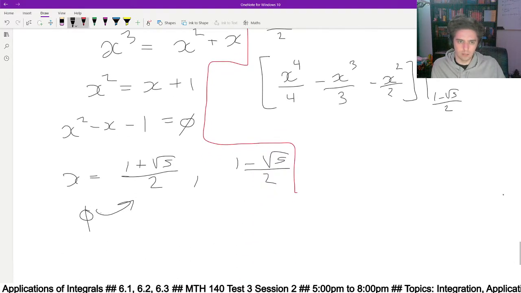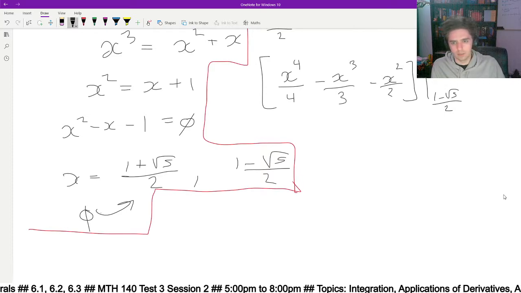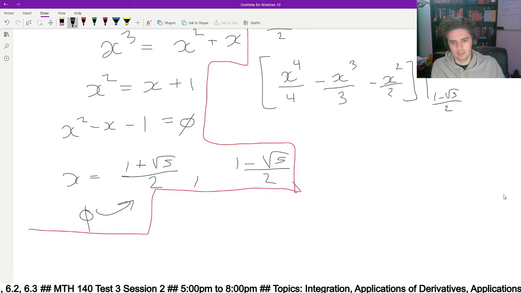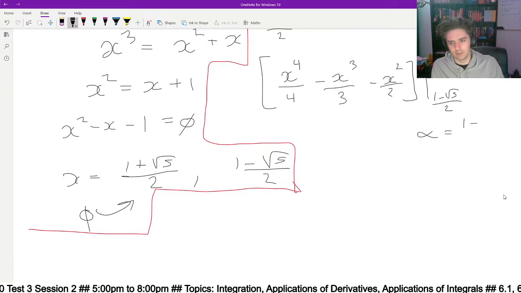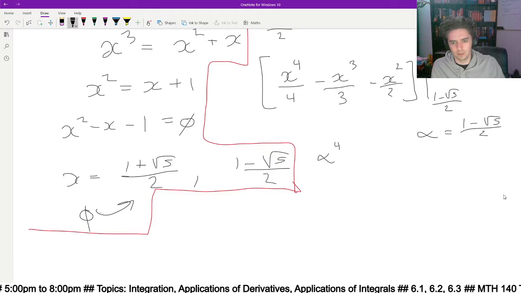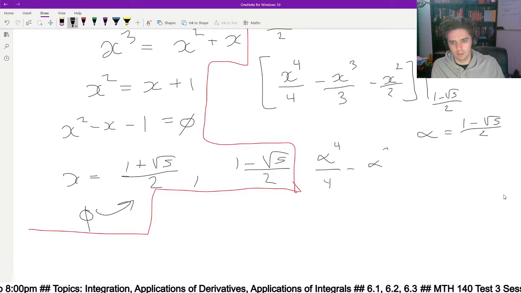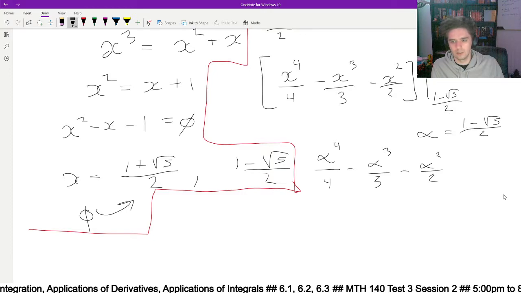So the actual number this is equal to: I'll just say alpha equals 1 minus root 5 over 2, because I don't want to write that over and over again. So alpha to the power of 4 over 4 minus alpha to the power of 3 over 3 minus alpha to the power of 2 over 2.